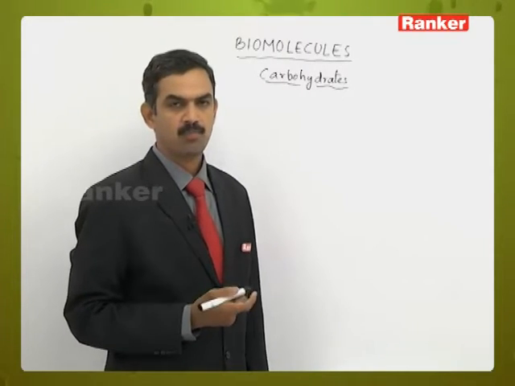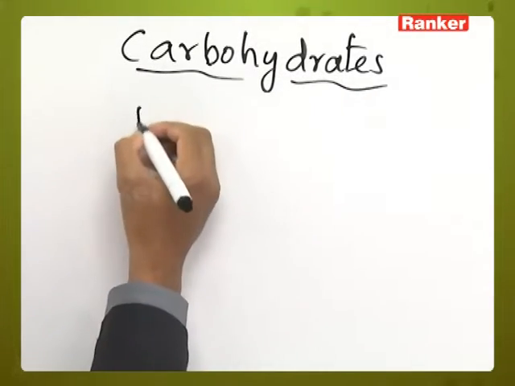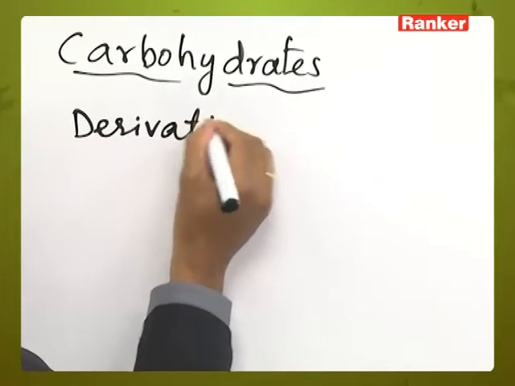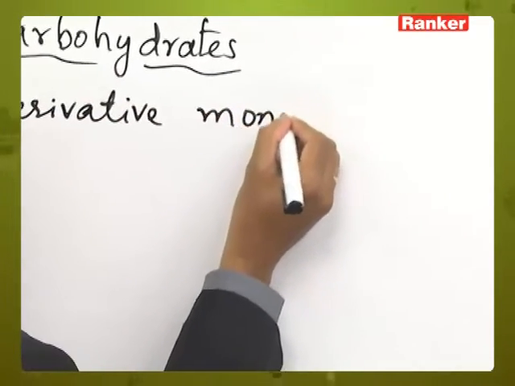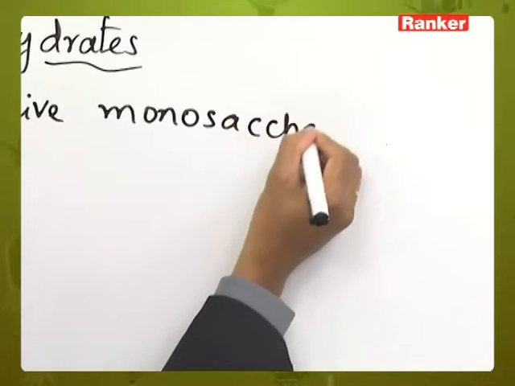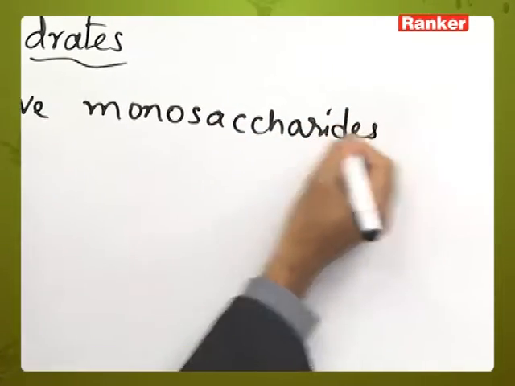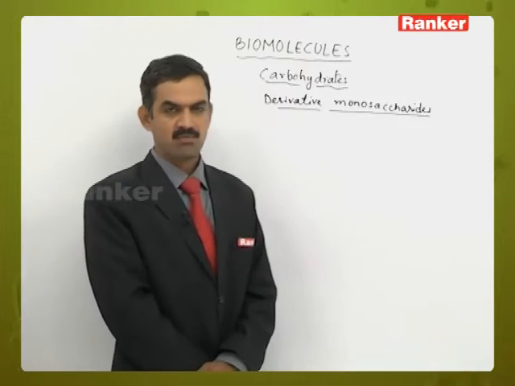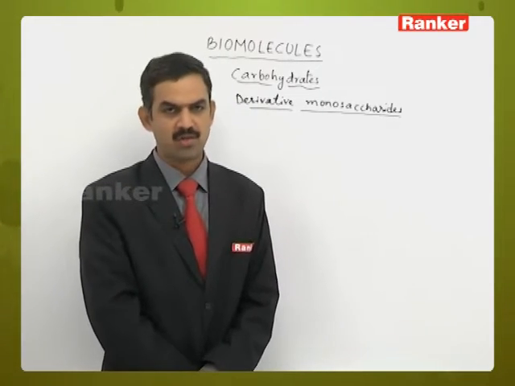In the small carbohydrate molecules, next are the derived monosaccharides. Derived ones show little modification from the parent monosaccharides.